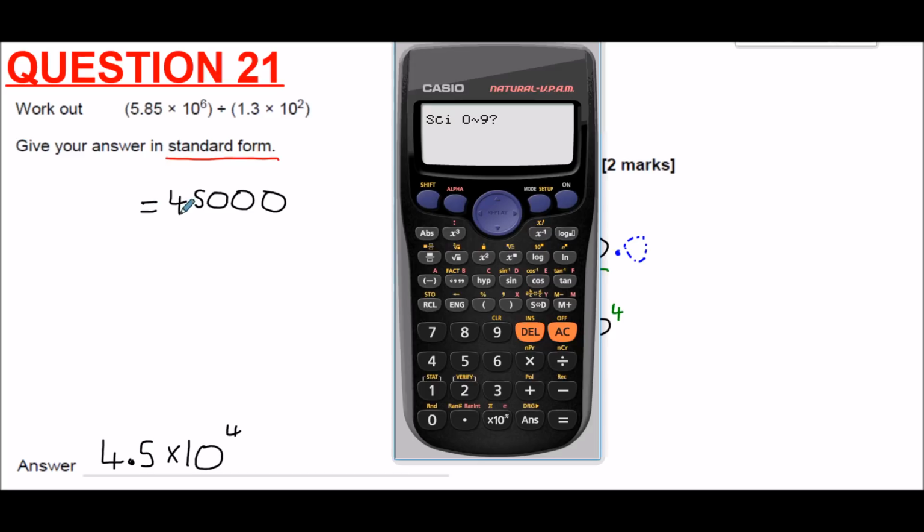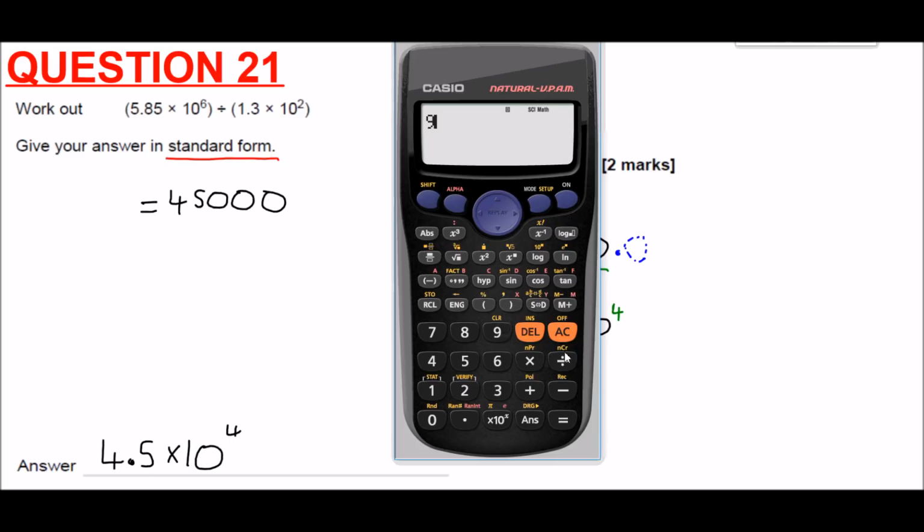And we have two non-zero numbers to begin with, the rest are 0. So if we type in 2 here, it will convert the answer for us into standard form. So the calculator will tell us what it is. It's 4.5 multiplied by 10 to the power 4. And that's the final answer in standard form, which I mentioned before.